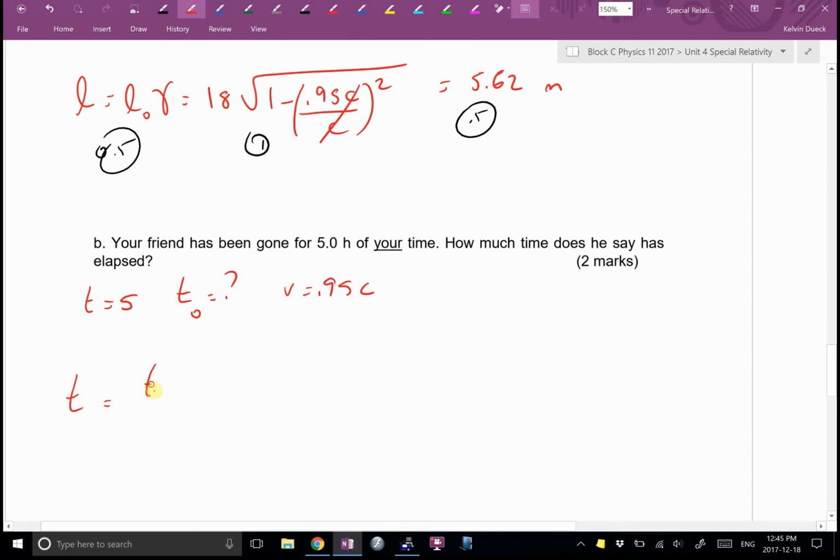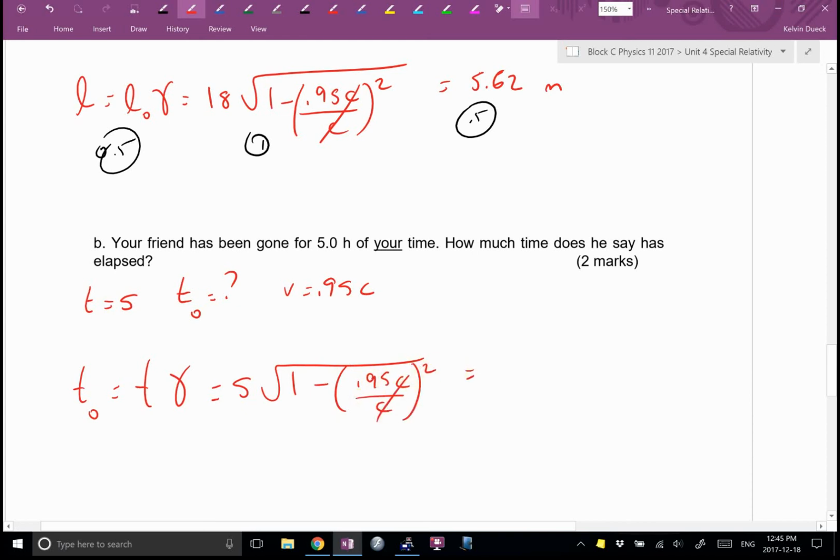T equals T0 divided by the Lorentz factor? Sorry, they want me to find T0. So, duh, is it going to be T0 equals T times the Lorentz factor? Is that right? I'm going from memory here, and I haven't really memorized these equations because they're pretty ugly. 5 square root of 1 minus 0.95 C over C all squared.